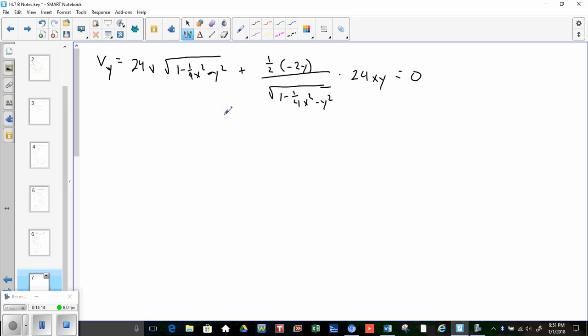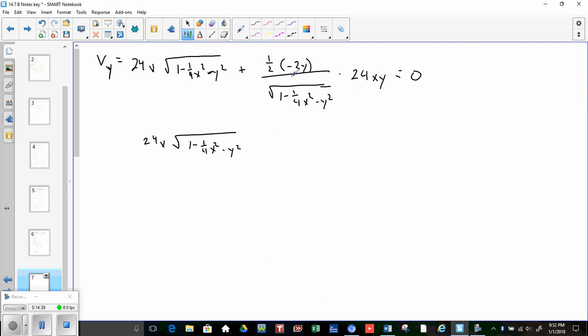Excuse me, and then we'll do some substitution with the x squared from the previous page. So let's simplify this. This is going to just be negative y times all this is going to be 24xy squared. So we're going to have 24x square root 1 minus 1/4 x squared minus y squared.